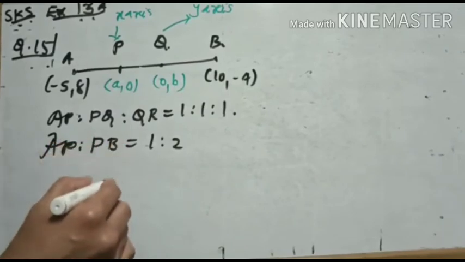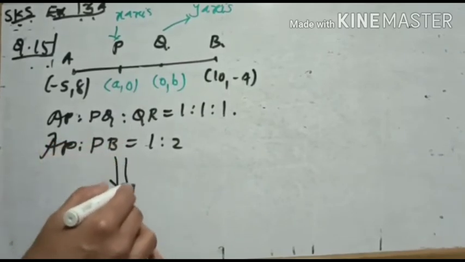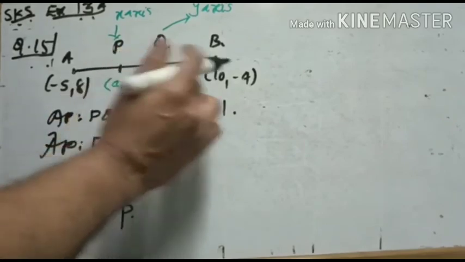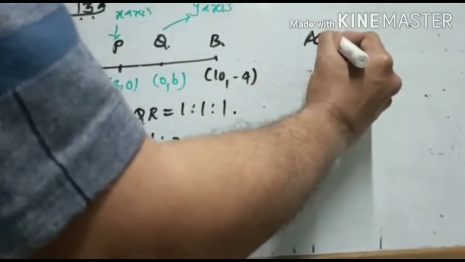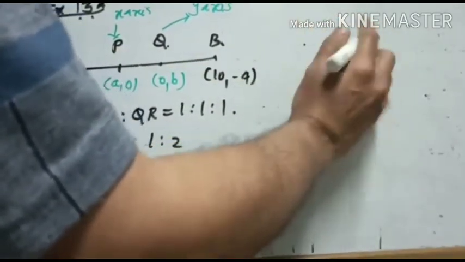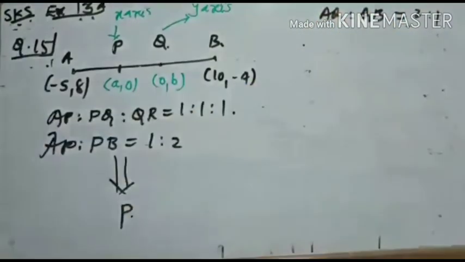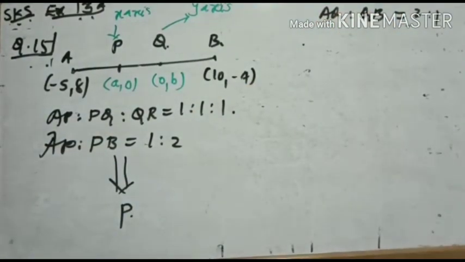Then using the section formula you'll be able to calculate the coordinates of point P. Then if I look at point Q, AQ is to QB will be equal to 2 is to 1. And again you can calculate the coordinates of point Q using the section formula.